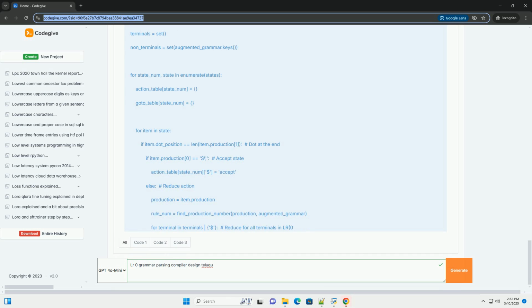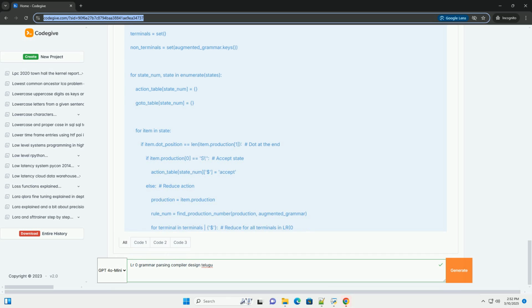Closure(items, grammar) function: this is like expanding your knowledge about a topic. If you have some initial information, the items, this function adds all the related information from the grammar, until you have a complete understanding. Goto(items, symbol, grammar) function: this function tells us where to go next based on the current state and the input symbol.